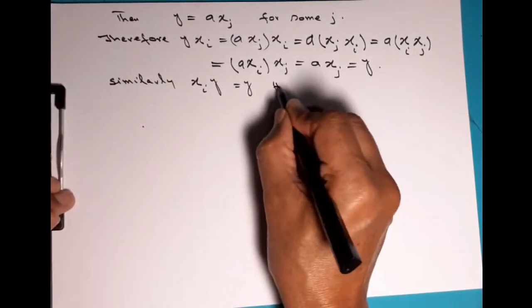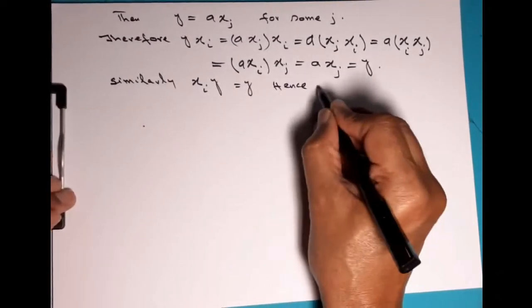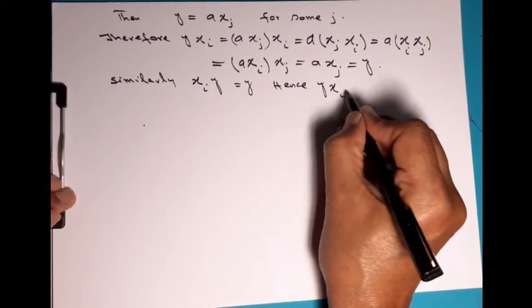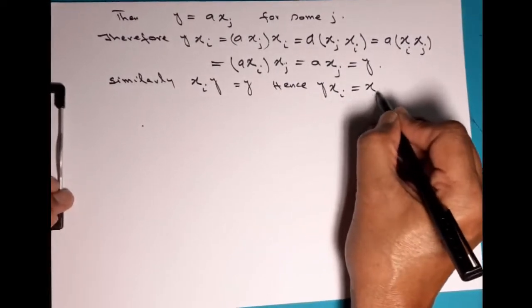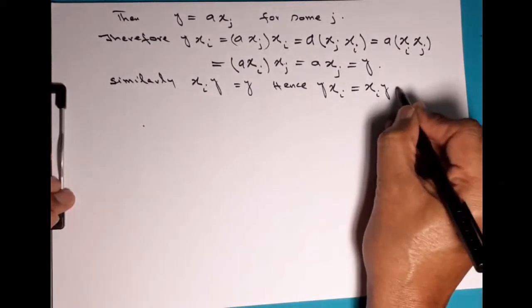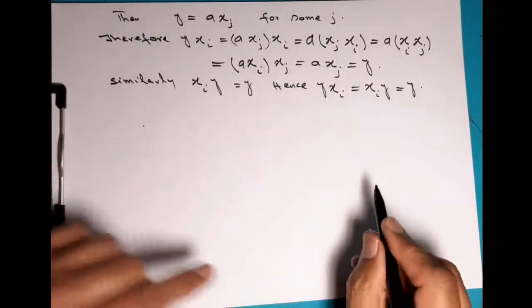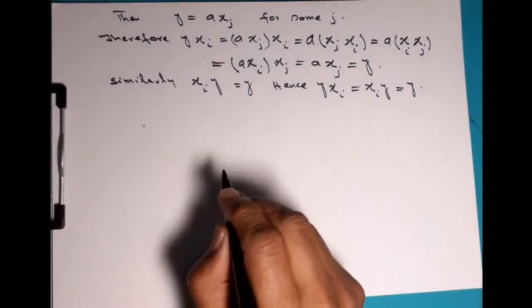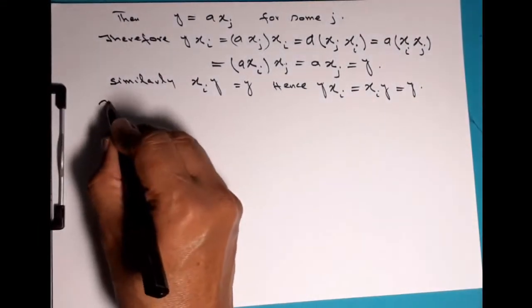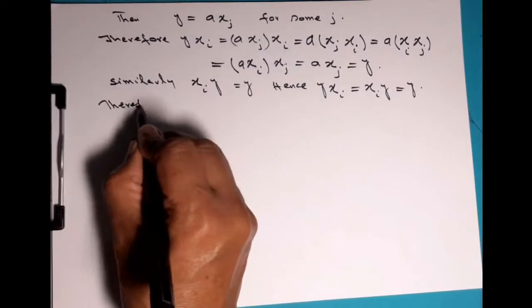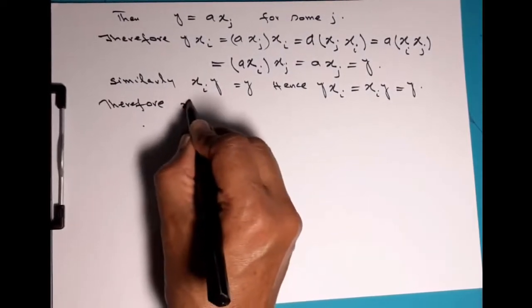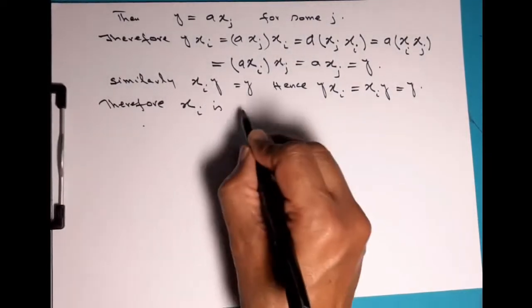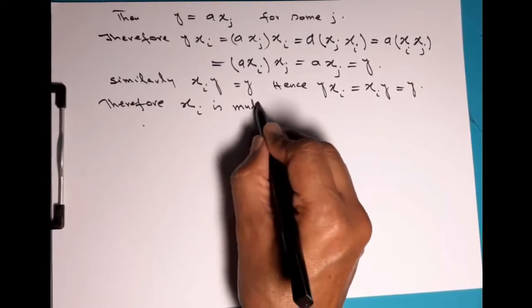Hence, yxi is equal to xiy is equal to y. So this particular element xi we have found is the multiplicative identity in R.